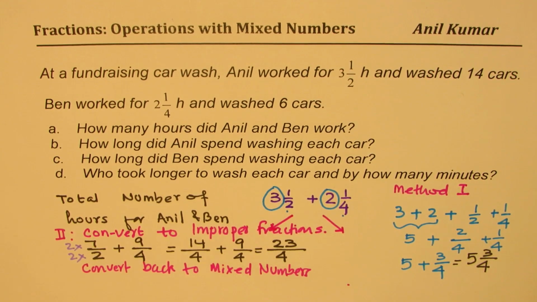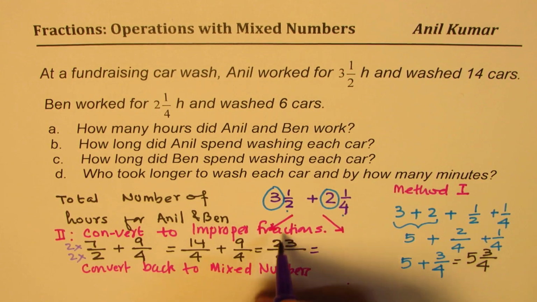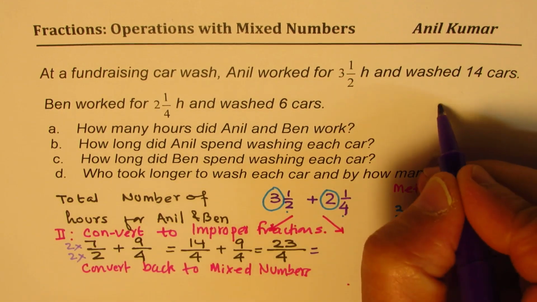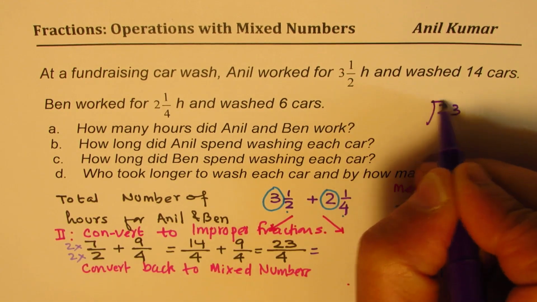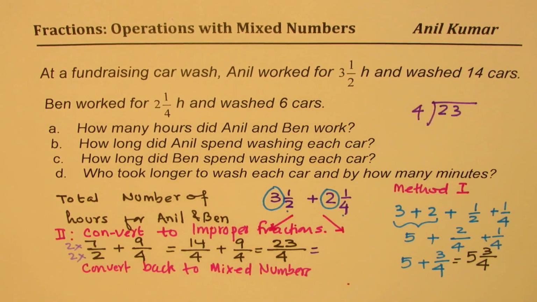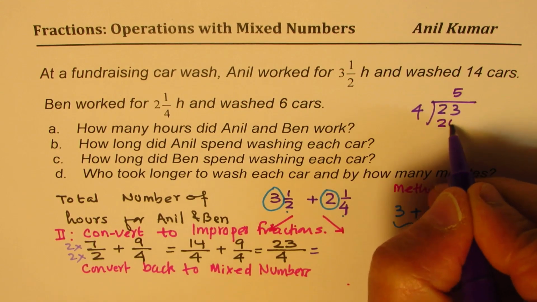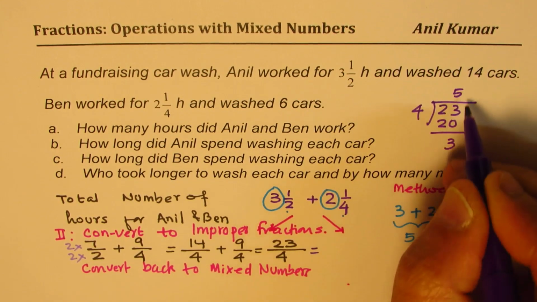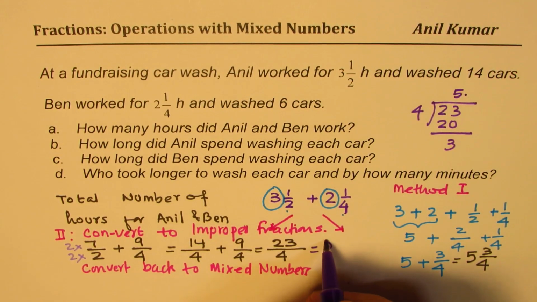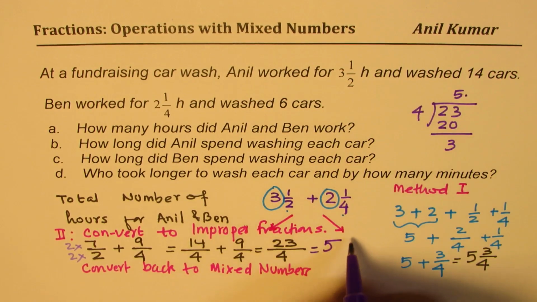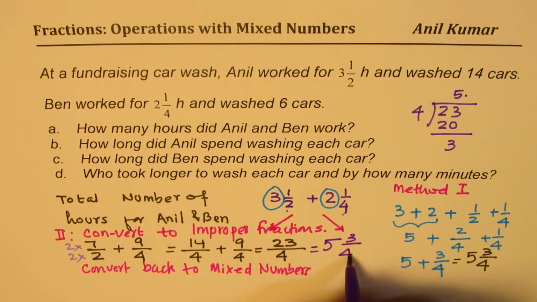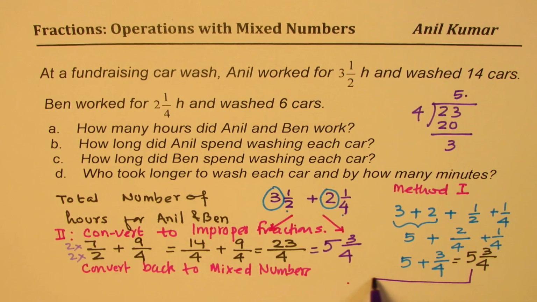So if you do that, what do you get? And how do you convert? 23 over 4, you do like this. You have 23, divide this by 4. Correct? Now 4 times 5 is 20. And you get a remainder 3. So you get 5 wholes, 3 out of 4. Do you see that? 3 out of 4. So you get exactly the same answer.